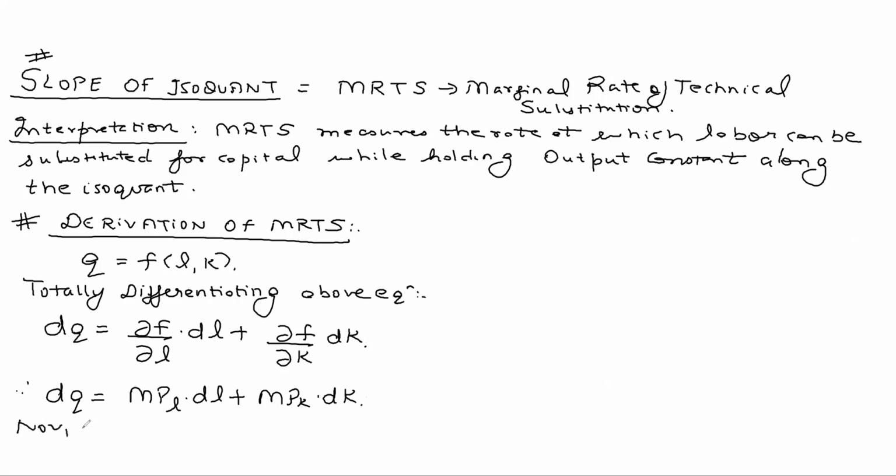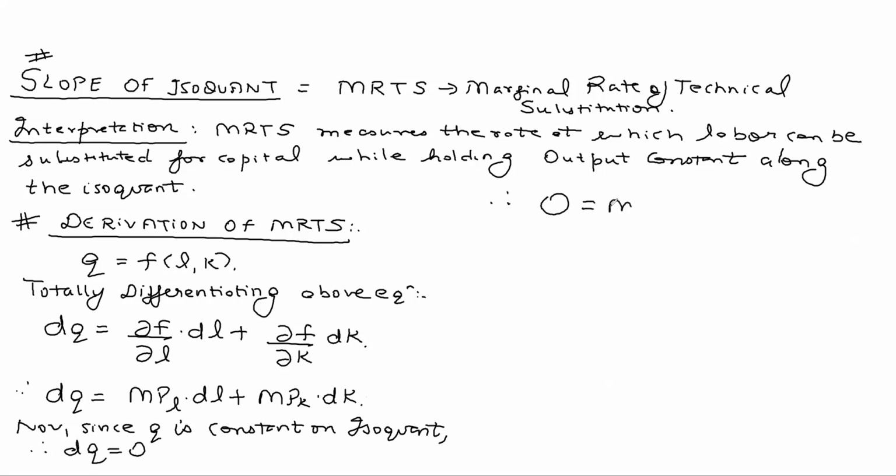Now since q is constant on the isoquant, therefore dq is equal to 0. Therefore 0 is equal to mpl into dl plus mpk into dk.